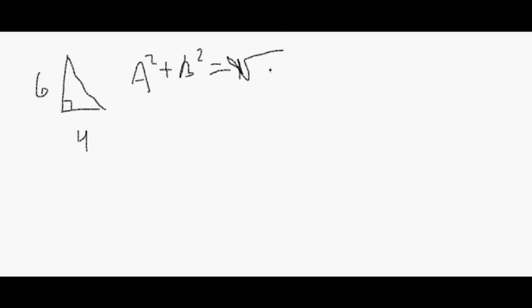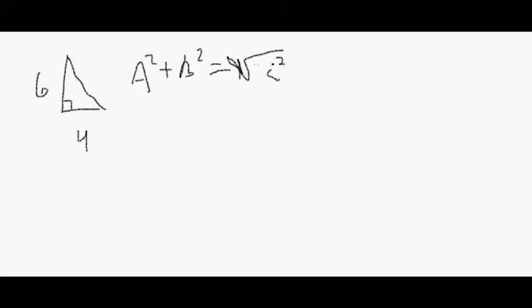Next is to find the perimeter and area of this triangle, this right triangle. So here's the right triangle, and we need to find the area. So we'll find the perimeter first. So we have 4 and 6. The formula is a squared plus b squared equals c squared.